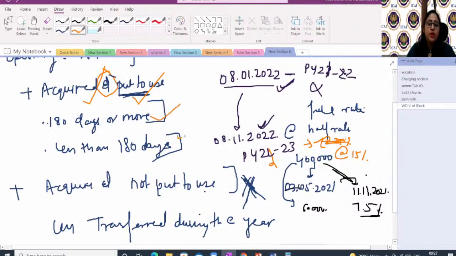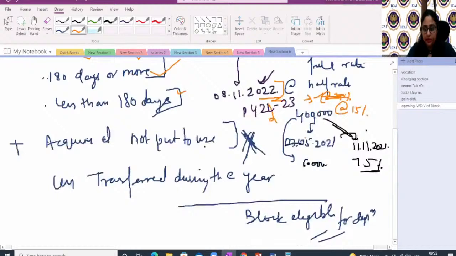Then you have to check whether it is 180 days or more, or less than 180 days. But if the acquisition year is different and the put to use year is different, then you do not have to see the 180 days condition. Simple flat rate 15%. Okay, clear? Acquired, not put to use, even if it's in the block of the asset, there is no depreciation.